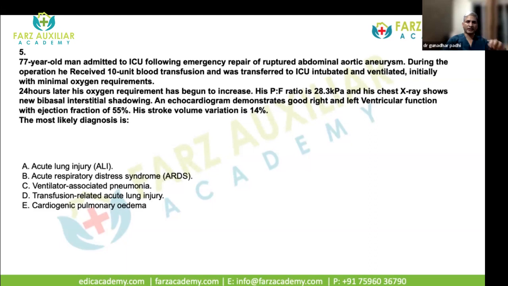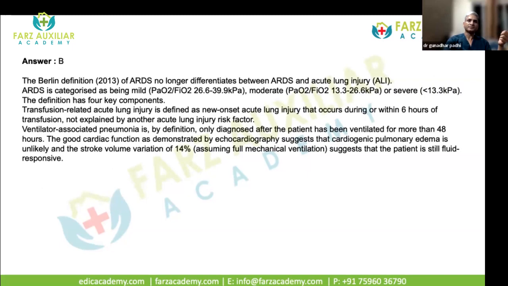Probably it is ARDS or acute lung injury. In the recent Berlin definition, acute lung injury and ARDS are synonymous, so they are not different. But the better option here, always go for the best option, is acute respiratory distress syndrome. So within 24 hours to 7 days, where the cardiac functions are normal and there is a precipitating cause, you will find the PF ratio less than 300 and the chest X-ray worsening, with bibasal interstitial thickening.